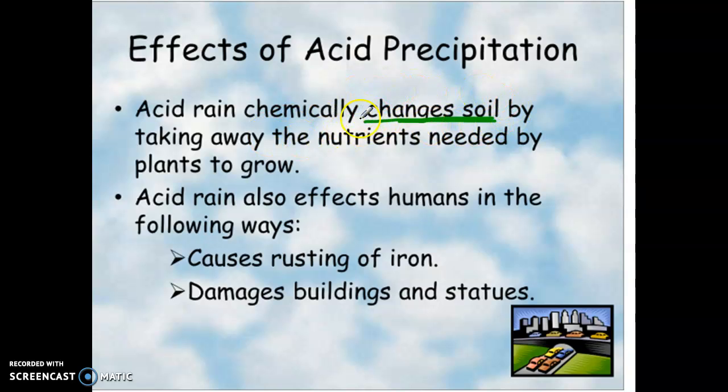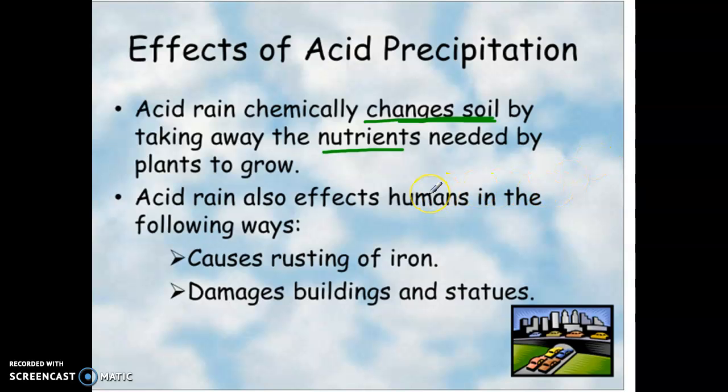So typically acidic soil has less nutrients than a neutral soil would with like non-acidic water. So what happens is the acid rain or the acid precipitation basically takes away the nutrients from the soil. So what ends up happening is the plants are not able to grow as well as they normally would have.